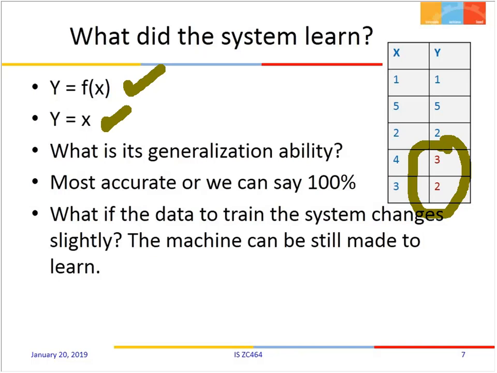And when x was 3, I am not having the value of y as 3, now I am having it as 2. So there will be a difference. Now our equation of line will change, the equation that defines the prediction model. So what if the data to train the system changes slightly? The machine can still be made to learn.